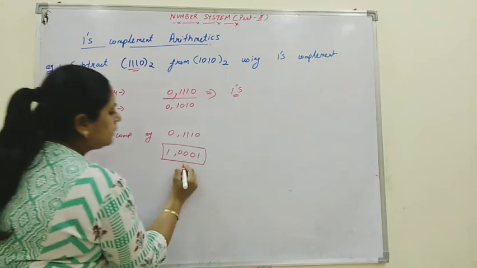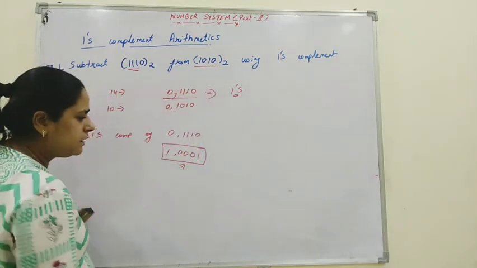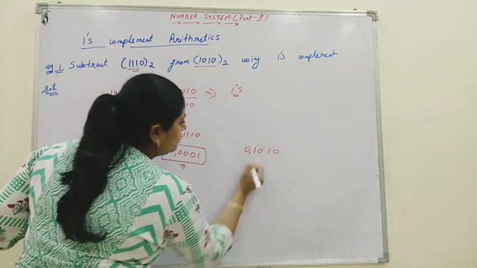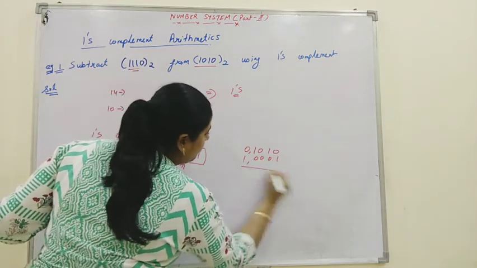Now we add this ones complement to 1, 0, 1, 0 with sign bit 0, that is, we add 1, 0, 0, 0, 1.